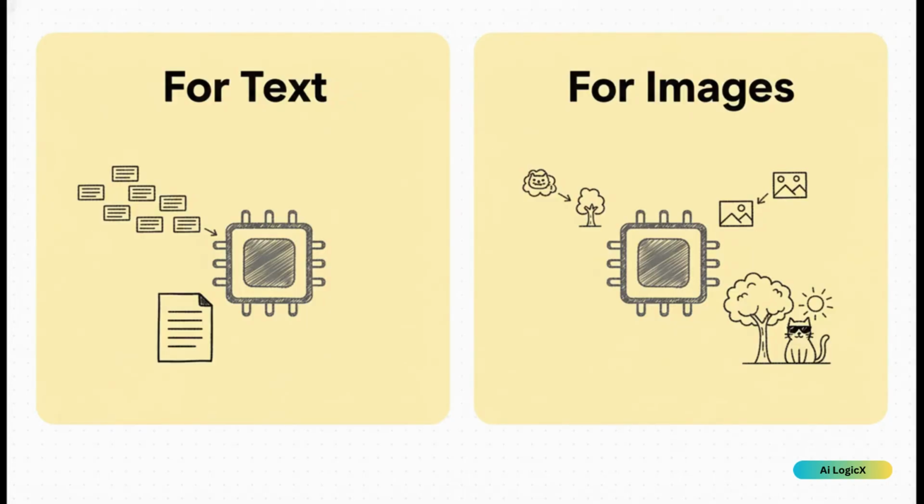For text, you have what are called large language models, or LLMs. You've probably heard of ChatGPT. They're trained on billions of sentences from the internet to learn grammar, logic, and facts. Then for images, you have models like Midjourney. They're trained on millions of images that have text descriptions, so they learn the connection between, say, the words a fluffy cat and what a fluffy cat actually looks like.